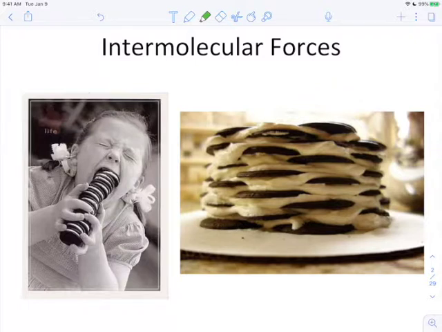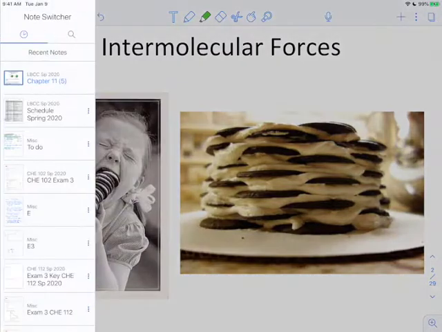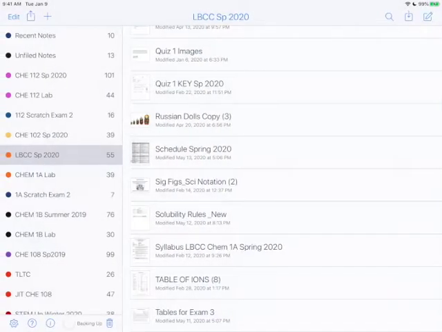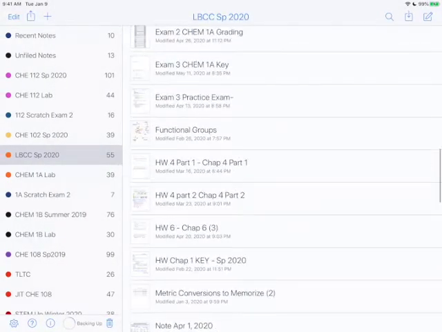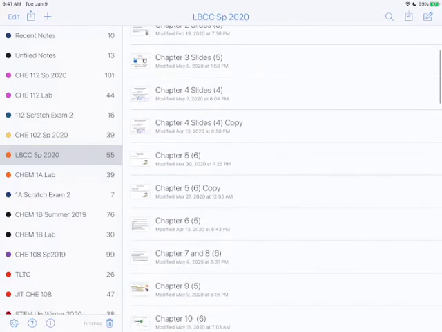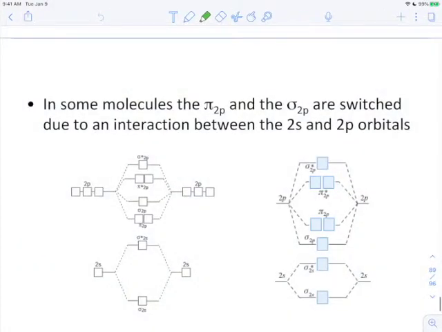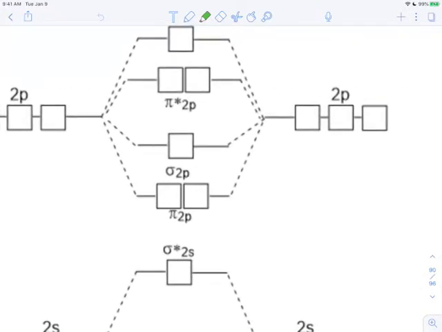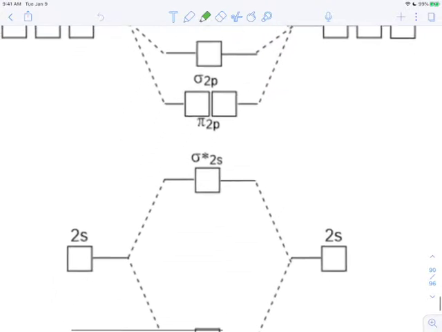I had a question about chapter 10. So the hybridized orbitals, you know how an s orbital and a p orbital create two of those hybridized orbitals, the purple ones? I think it was two p orbitals and one s orbital. Why didn't it make four of those purple ones?